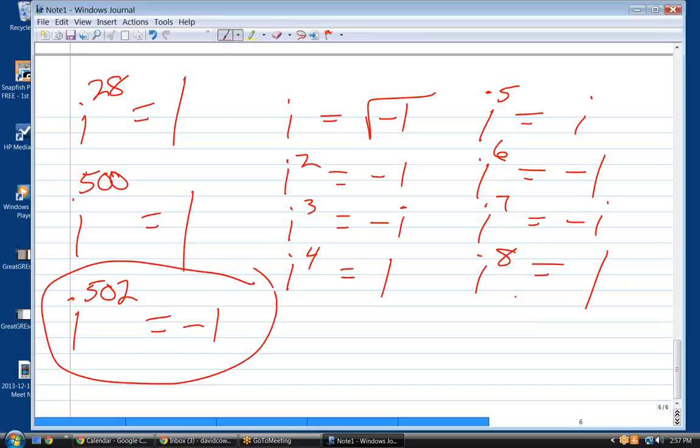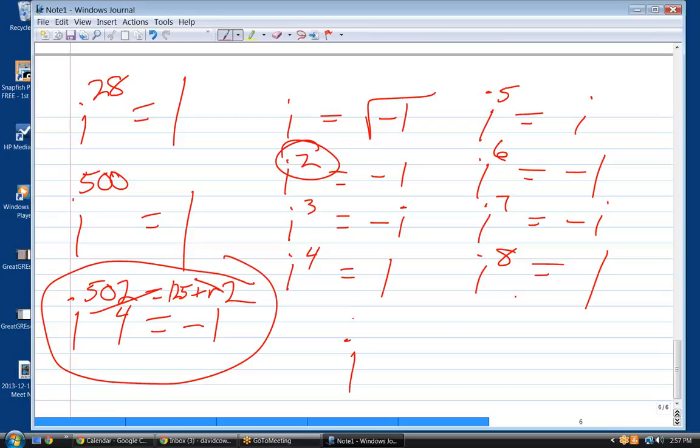In other words, you divide this by 4, and you get an even number plus a remainder of 2. So you go down to find the exponent that's 2. Whatever your remainder is, that's the exponent.